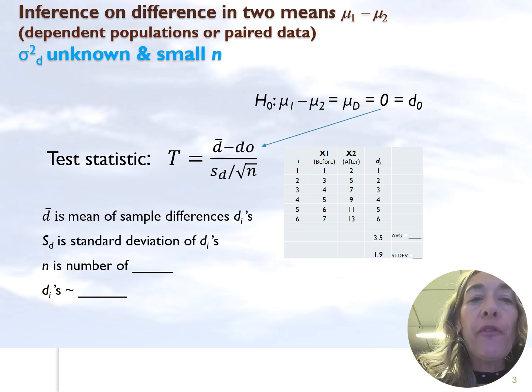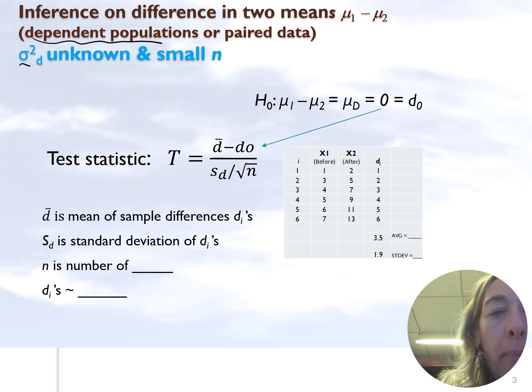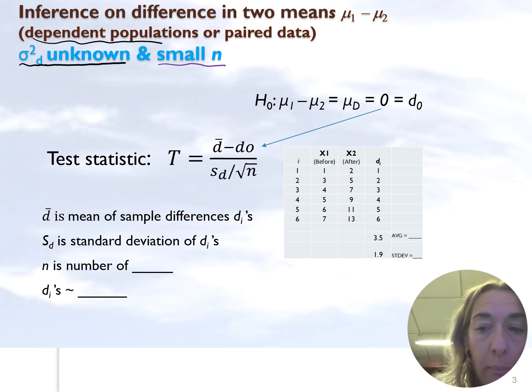So for the first case, when we're doing inference on the difference in two means from dependent populations or paired data, we're going to consider where our population variance of the differences is unknown. In addition, we have a small sample size or small number of pairs.